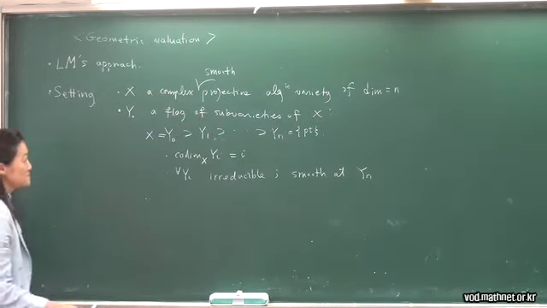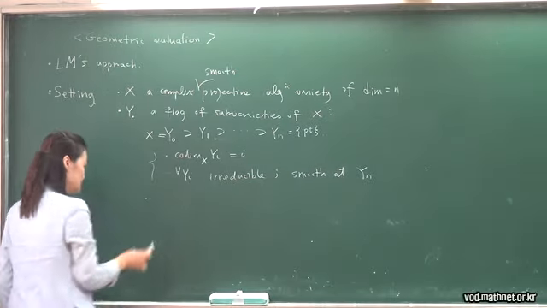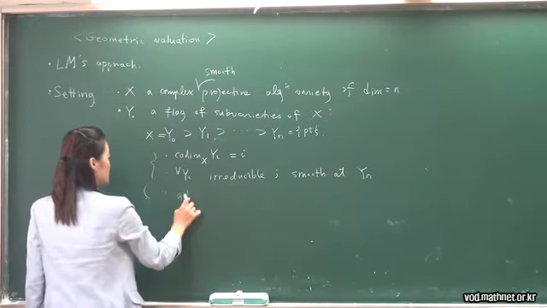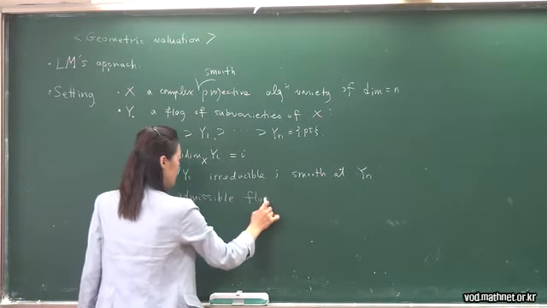Okay, so any flag of subvarieties of X satisfying this condition is called an admissible flag.